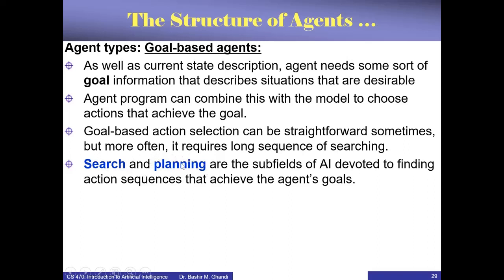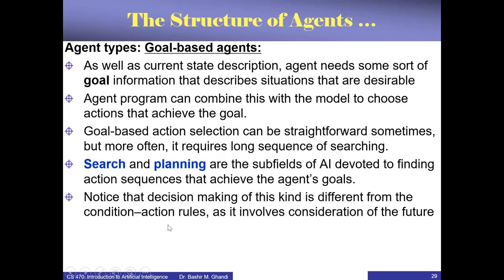So these are very important subfields of AI, and they are all related to finding or achieving a targeted goal. Okay, so we can see how that relates to the agent structure. The goal actually will help the agent in determining what action to take next.